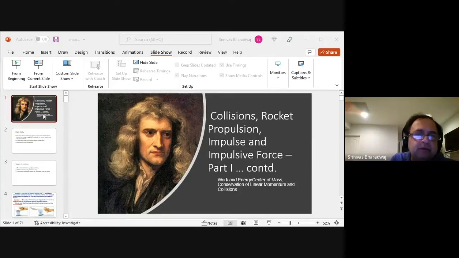Okay, if you have a good memory and can memorize this one, you can just put e equals minus 1 and you will end up with the perfectly elastic collision. And then you can use that to solve these other equations also.